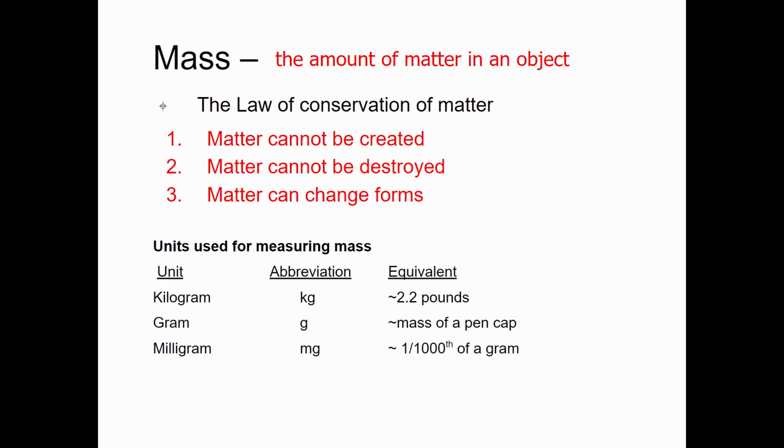You might see this if you take a vitamin. You look at nutritional facts. Nutrients are typically given, like if you take an Advil, one Advil is like 200 milligrams of Advil. That's how much of the active medicine is in that capsule. So that's where you often see milligrams.